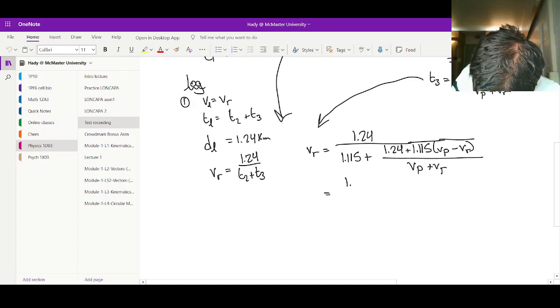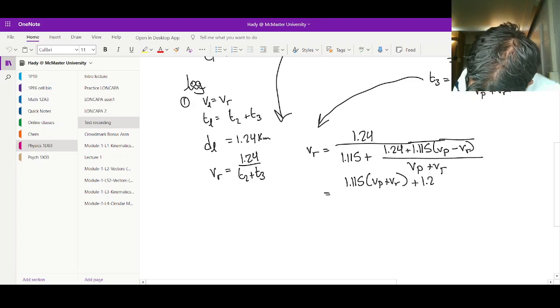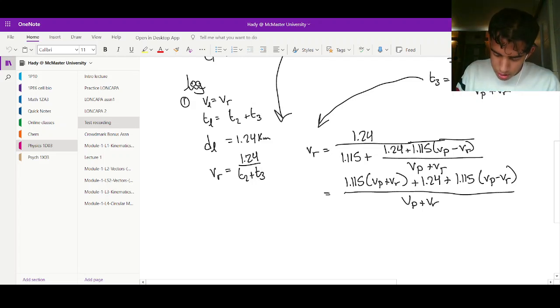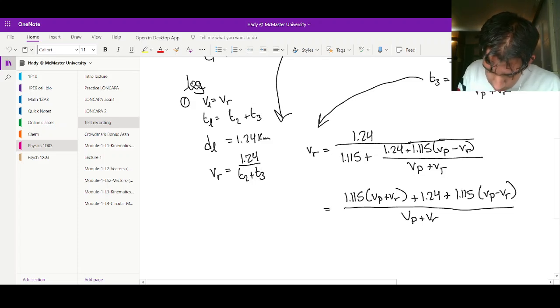So we have 1.115 times (VP plus VR) plus 1.24 plus 1.115 times (VP minus VR), all of that over VP plus VR. And all of that is still over our 1.24. We can't forget our 1.24.